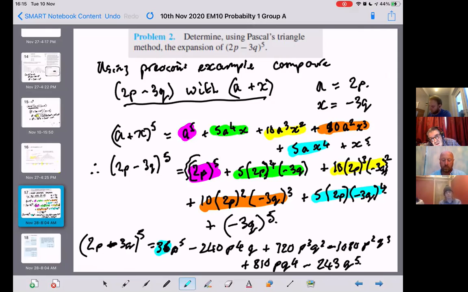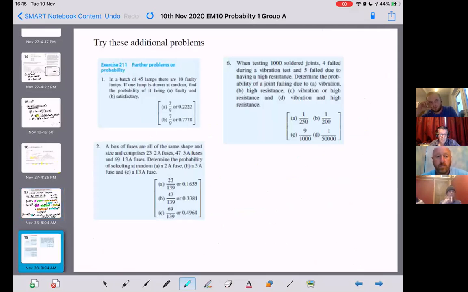So we've got to pick up on this probability next week and use this binomial expansion to work out some probabilities of different items with different probabilities happening. So we haven't quite finished this topic yet. We're going to pick it up next week, okay? I realise that that last little bit there was a bit complicated, but don't worry too much about that because we're going to pick that up next week. But do, if you have time, have a go at the remaining problems in the notes that I've sent out, which are those there.